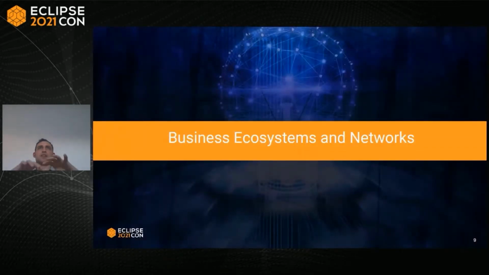Okay, so basically this is what the data space is, and initiatives aiming at these architecture models and trying to implement components. But what is important is that we need someone to use these components and bring them to life, so to say. This is done in different business ecosystems and networks.